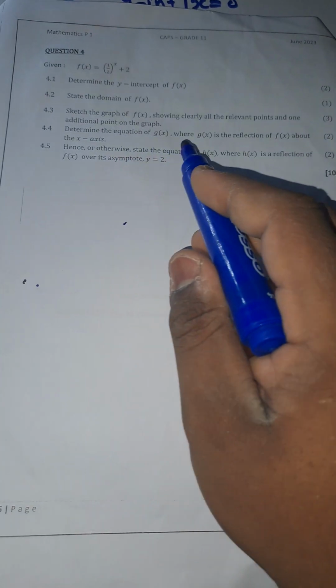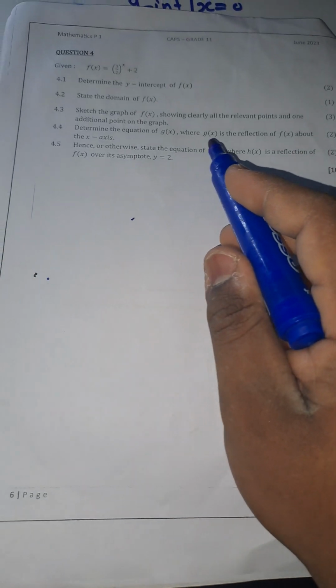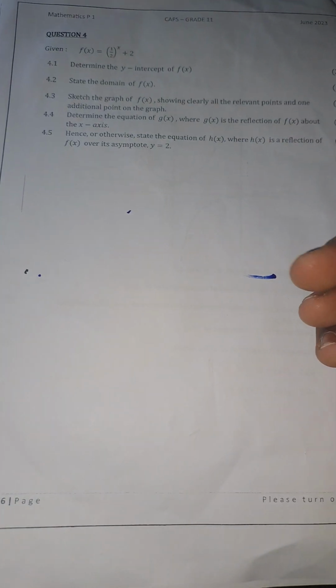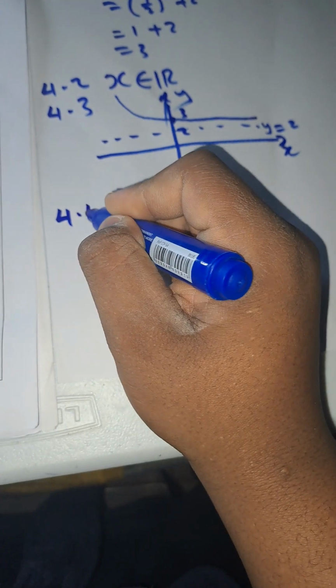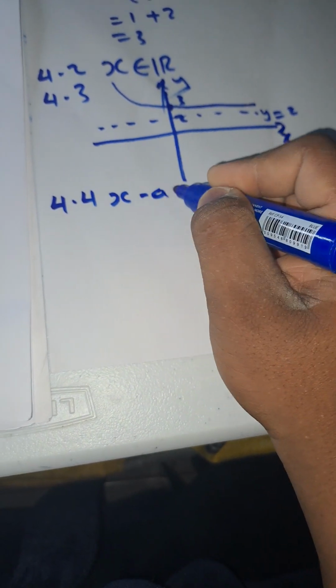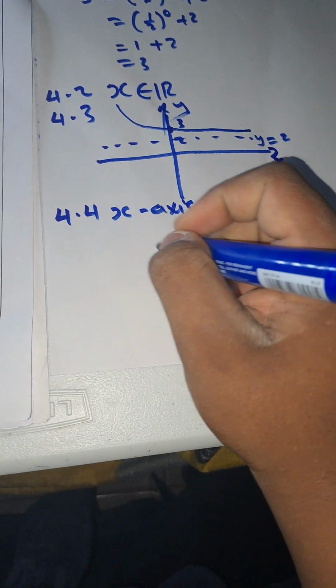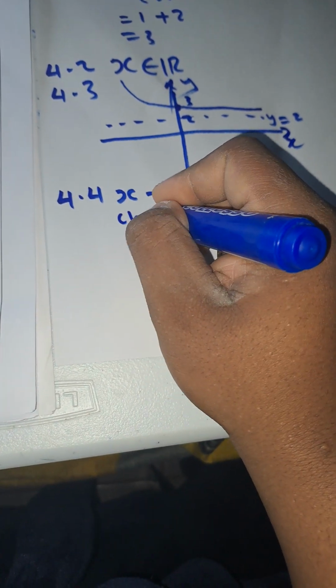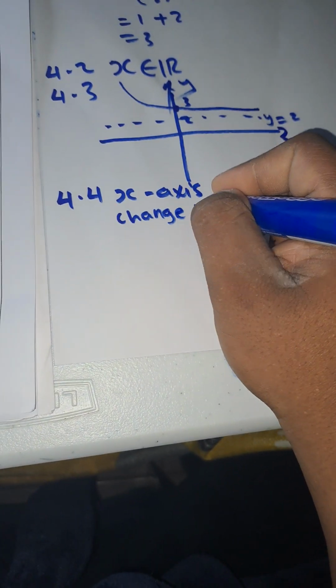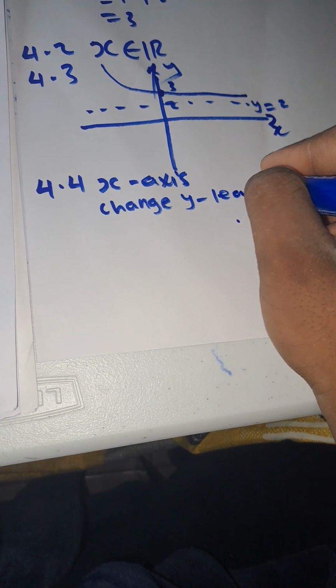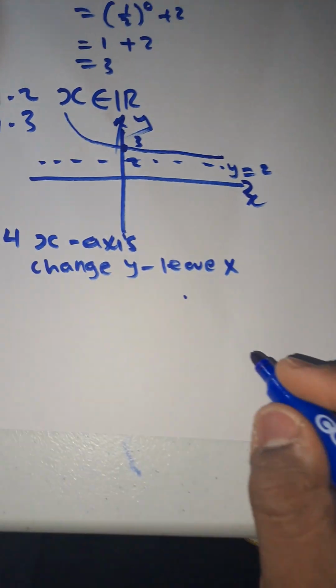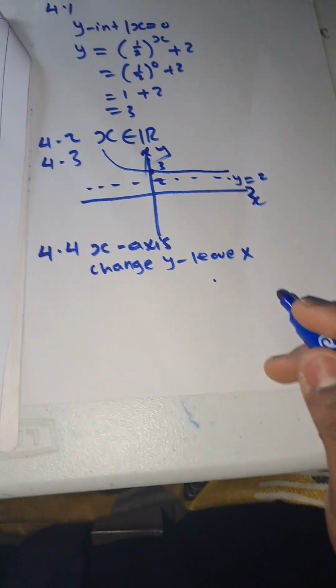Now 4.4, determine the equation of g of x, where g of x is the reflection of f of x about the x-axis. When you're talking about the reflection about the x-axis, you change y, leave x. That's what you have to know about the reflection.